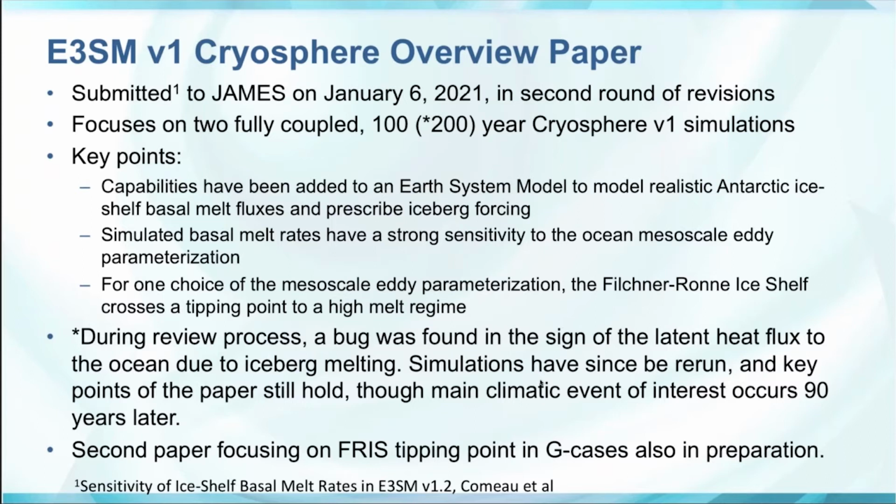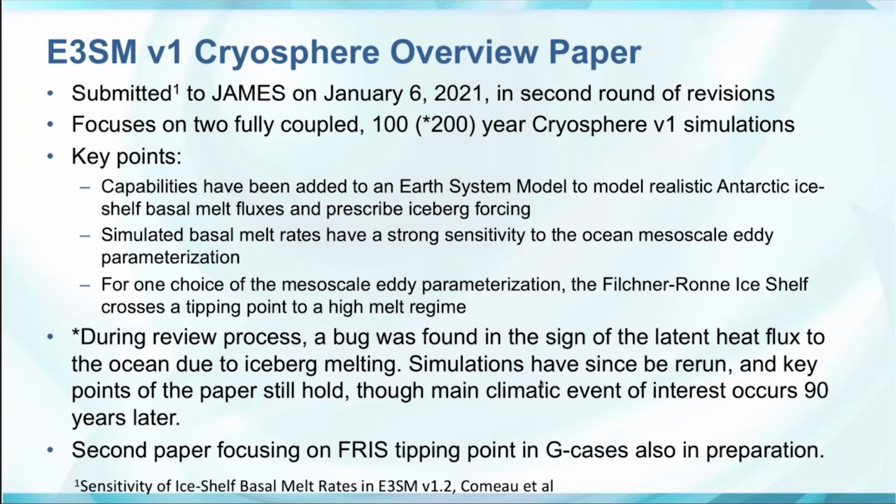The key points for the paper are, first, showcasing this new capability, because being able to calculate prognostically ice shelf basal melting in an Earth system model is a unique capability of E3SM within CMIP-class models.